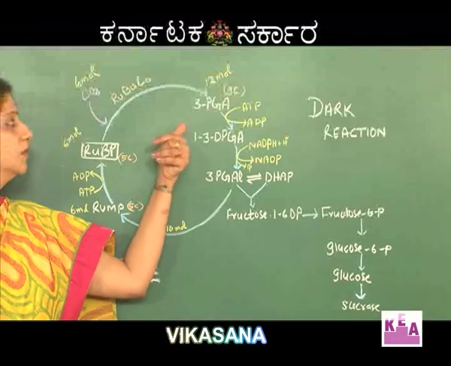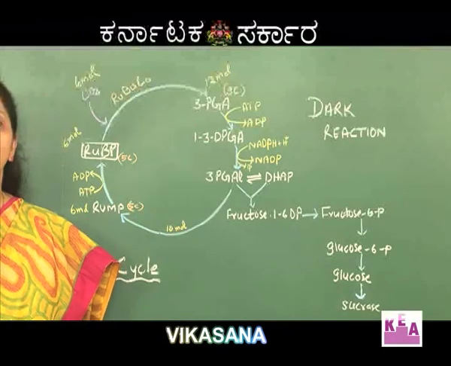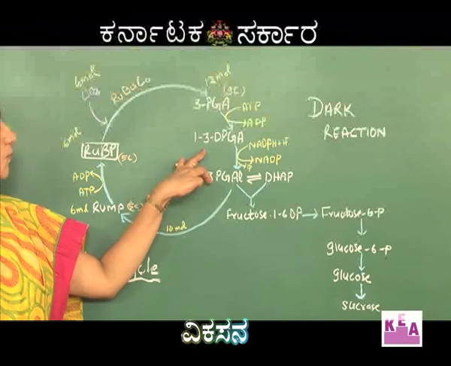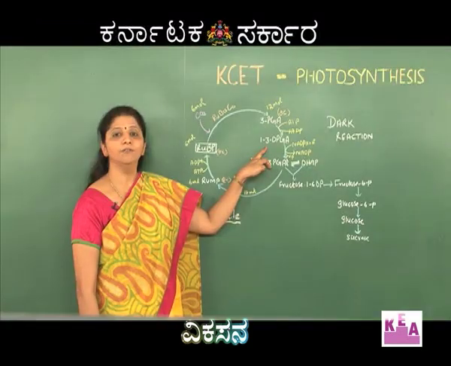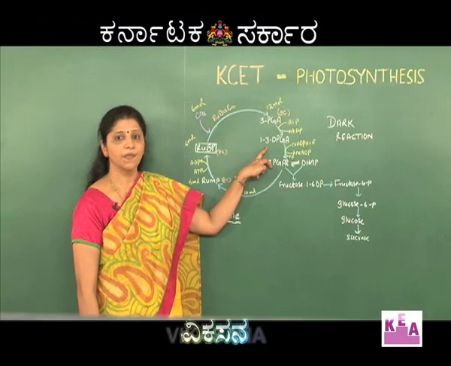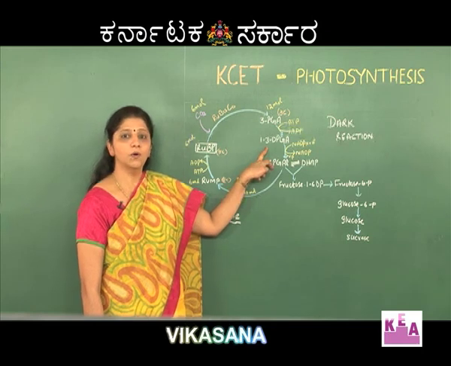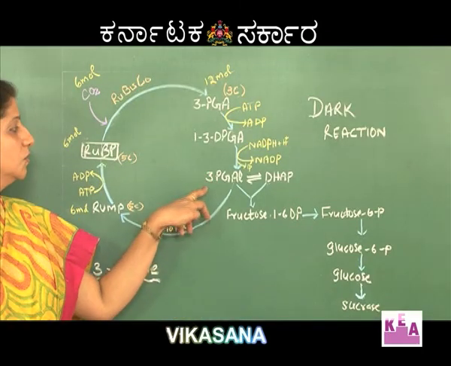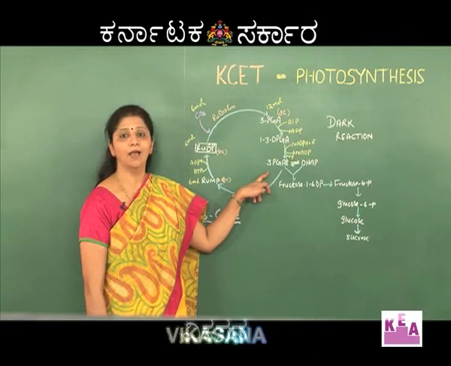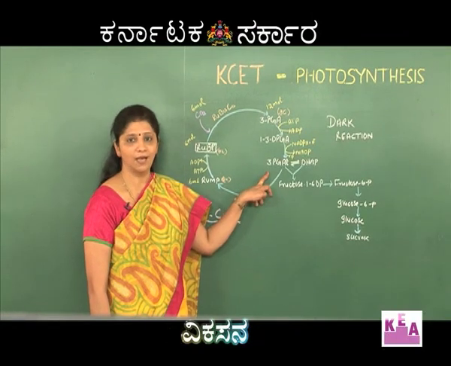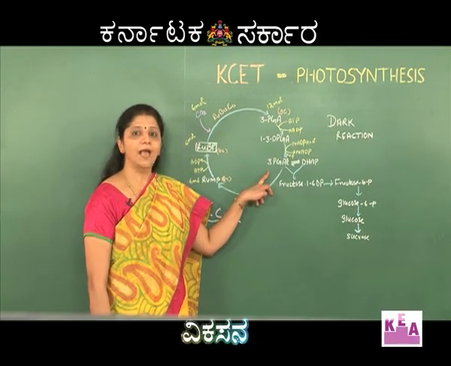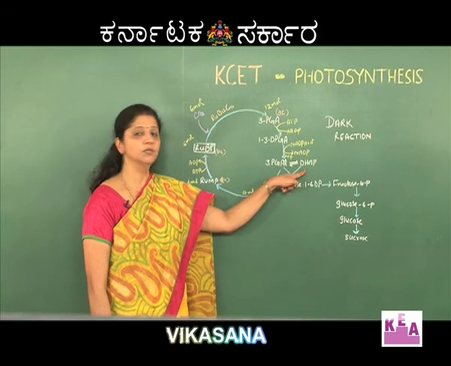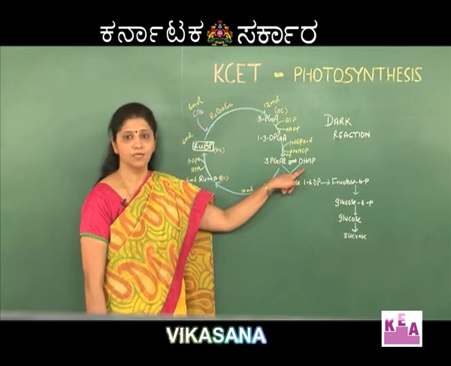Now 3-phosphoglyceric acid is again phosphorylated to 1,3-diphosphoglyceric acid. This 1,3-diphosphoglyceric acid is reduced to 3-phosphoglyceraldehyde. Some of it is isomerized to form dihydroxyacetone phosphate.